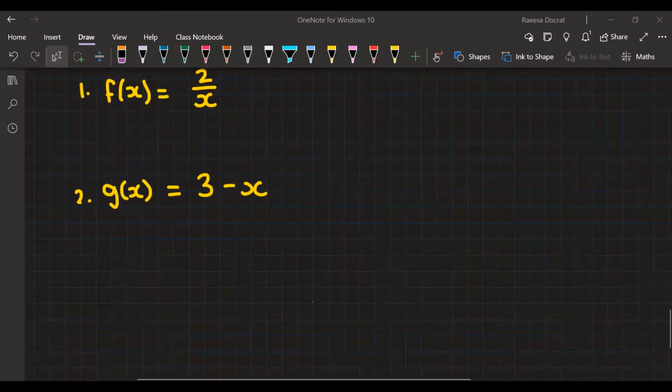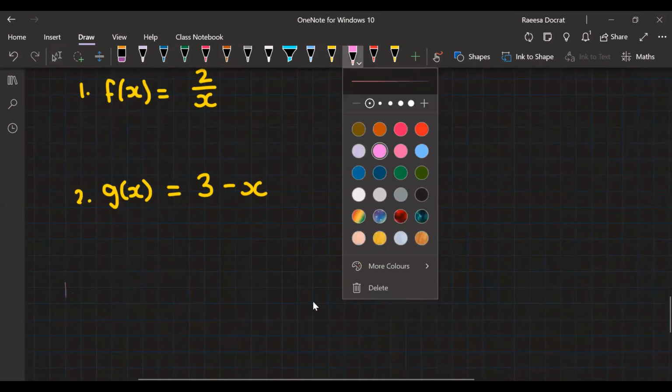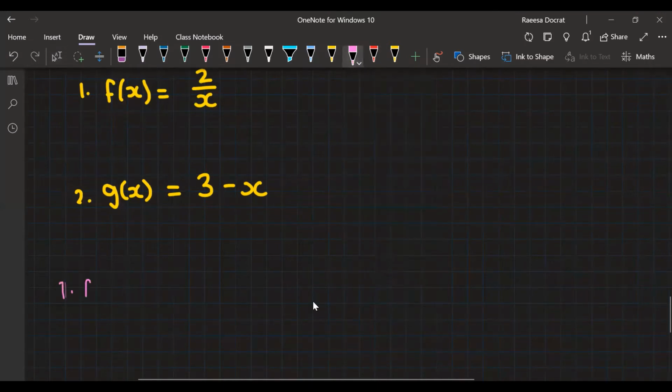It says f of x is equal to 2 over x. So we are going to calculate the derivative by first principles. The first step is we want to know what is f of x plus h.